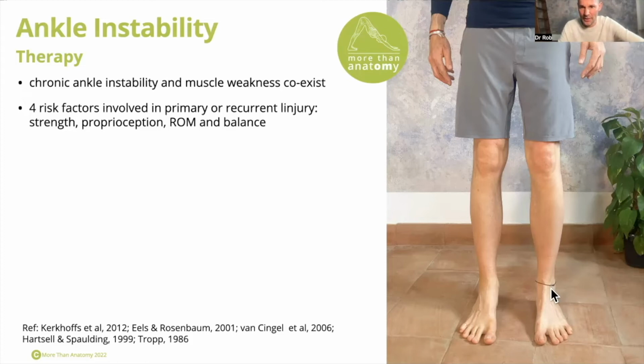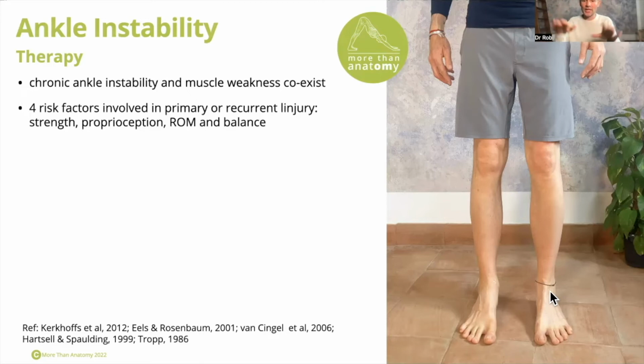If I see restricted movement on this side compared to this side, I know I'm probably going to need to improve mobility in that direction, as long as it's not increasing their pain. If I see increased mobility on this side compared to the healthy side, I know I don't want to do too much of that movement.